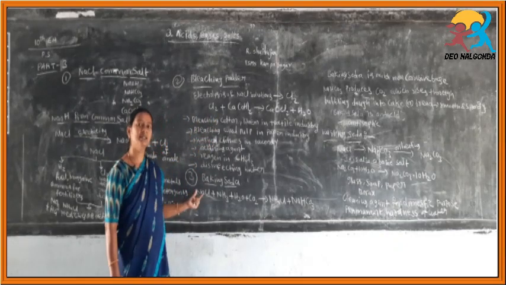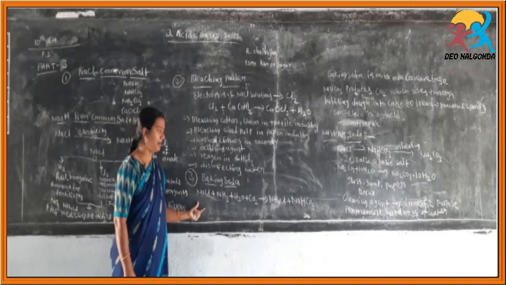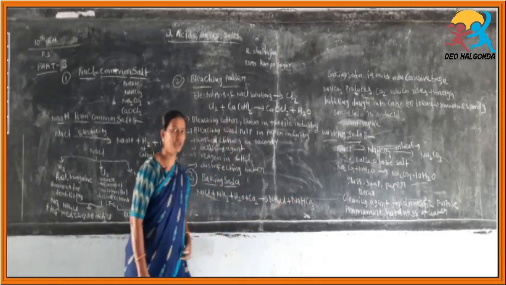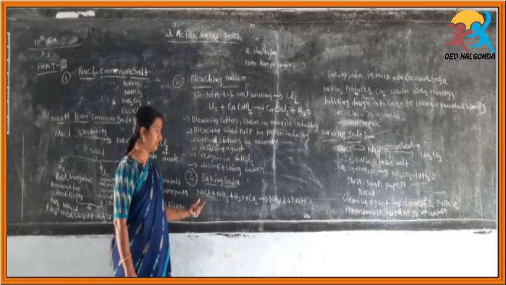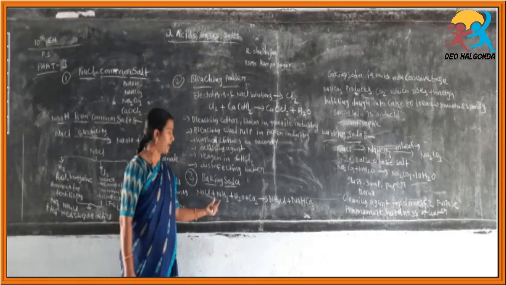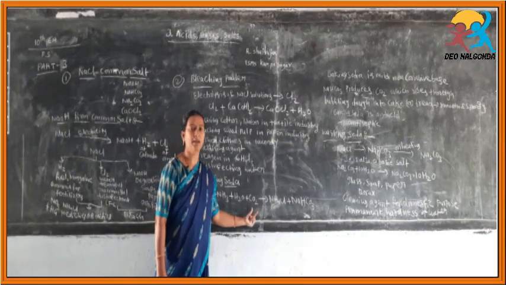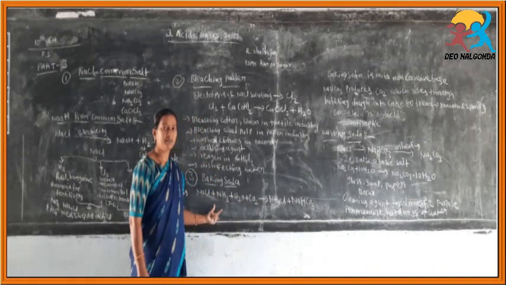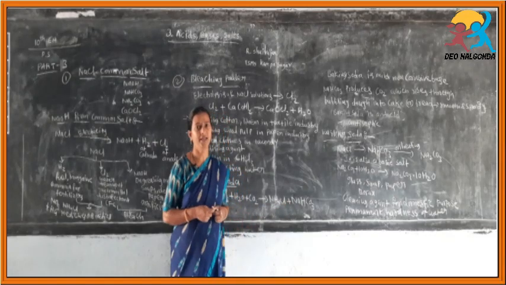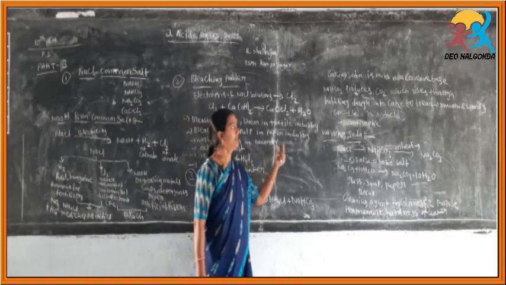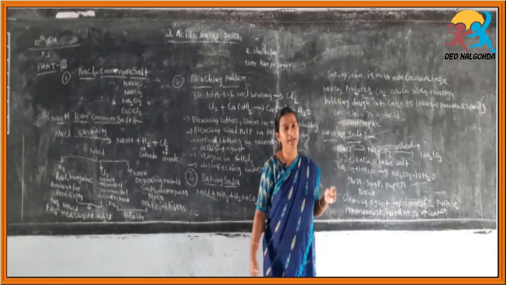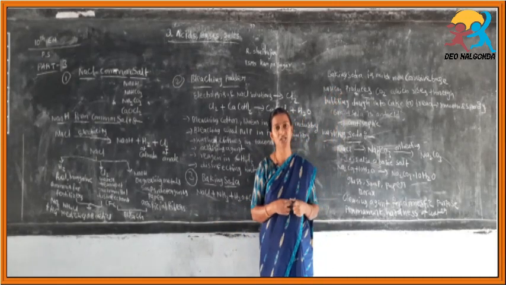And next one is baking soda. Baking soda is sodium bicarbonate, NaHCO3. How do we prepare NaHCO3? Sodium chloride, NaCl, reacts with ammonia, water, and carbon dioxide gas. These substances react together and give ammonium chloride and sodium bicarbonate, NaHCO3. This baking soda is a mild non-corrosive base, mildly basic in nature.